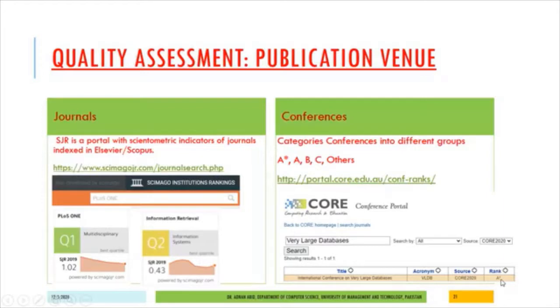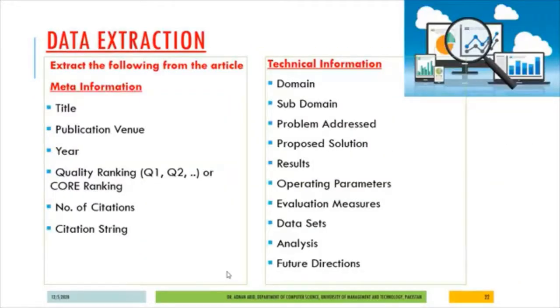You can just see A star over here. portal.core.edu.au, this is the website, and you can just go and write the name of the conference and find out the category. With this category and with these quartiles, I just made it easier for you through this slide so that you should be able to find the ratings of conferences or journals very easily.